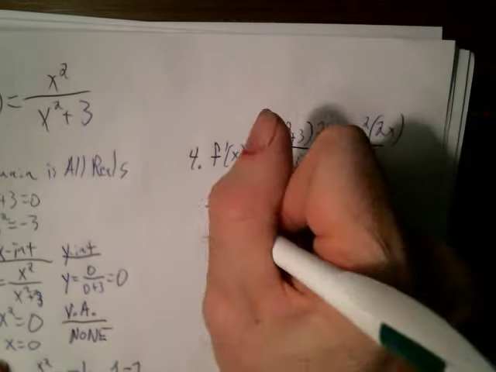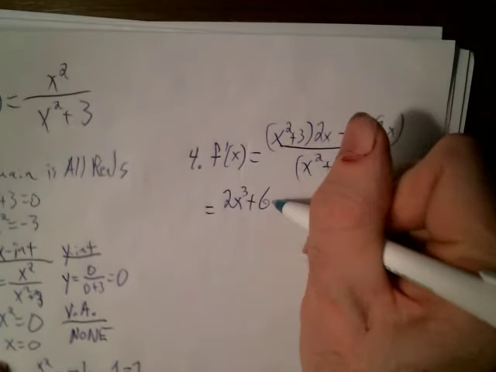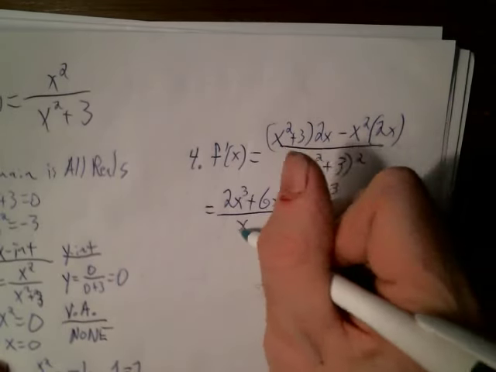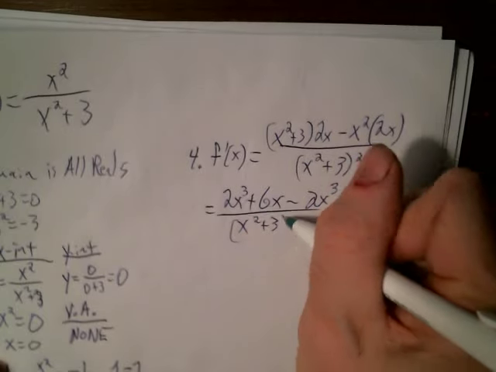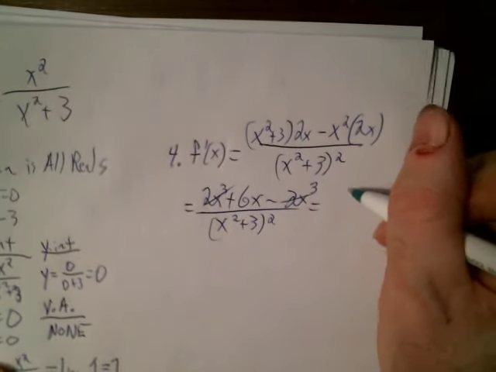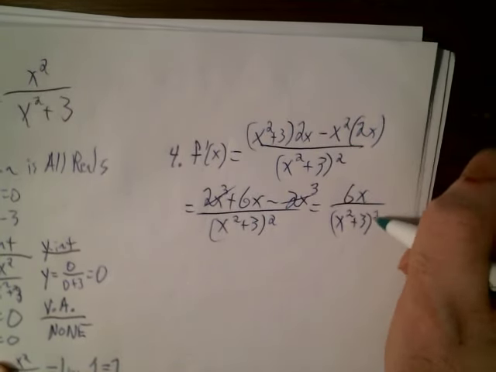So this will be 2x cubed plus 6x minus 2x cubed all over (x squared plus 3) squared. The 2x cubed terms cancel, and we get 6x all over (x squared plus 3) squared.